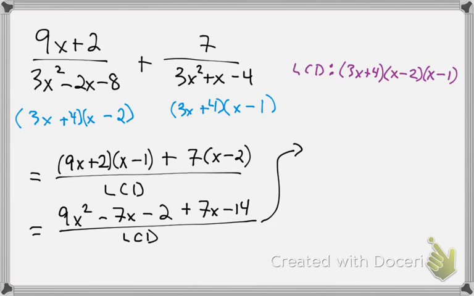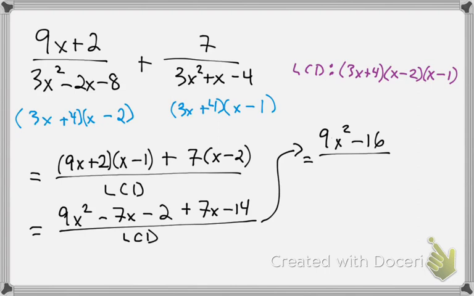Is that okay? FOIL out, distribute, multiply it all out, and then combine like terms. 9x squared minus 16. Oh, that worked out nicely. Maybe I planned it that way. Or maybe your book did and I just picked it.